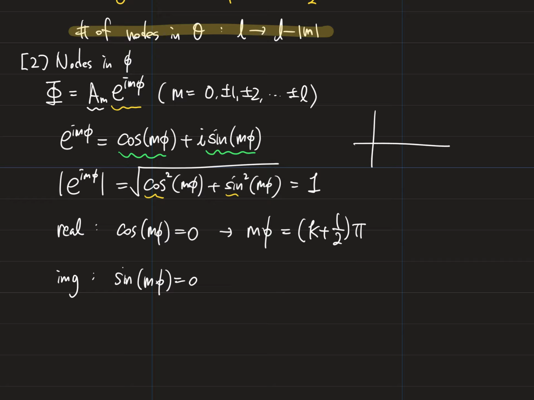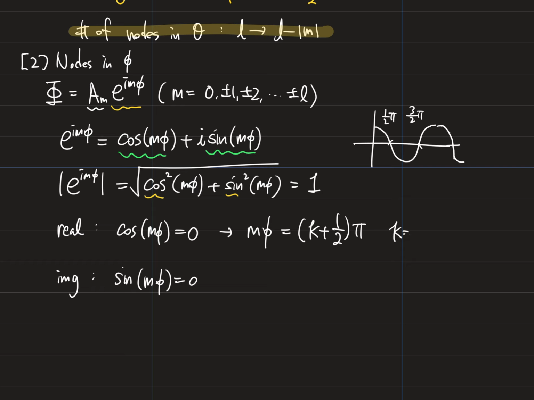So the cosine function becomes 0 at half of pi, 3 halves of pi, and so on.